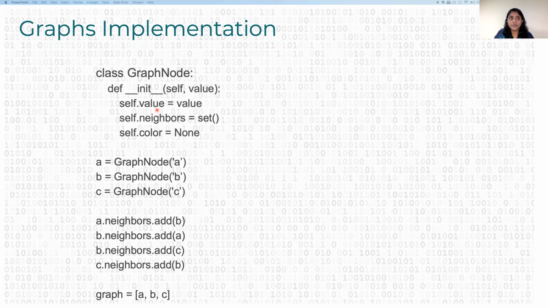It could also have other properties like the color, and that is also represented here. And every node has a list of neighbors that it is connected to. In order to represent that, we have neighbors as a set. And so here is the constructor we have for this particular node.